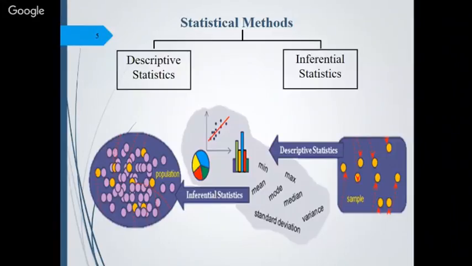On the basis of the sample we generate indicators like minimum, median, maximum, average, standard deviation, or some other relationship. Based on the sample information, with the help of inferential statistics, we can generalize to the main population. This is the overall picture of statistical methods.